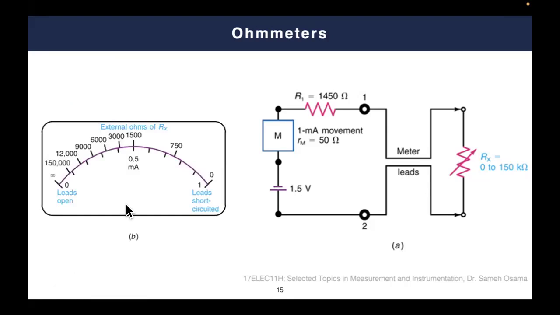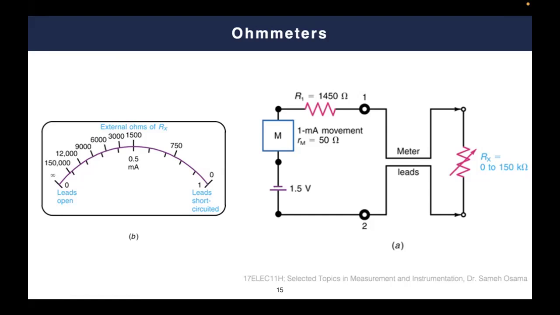And again, you can have the deflection here, but as you see, my dear students, and this is a very tricky point, by the way, the scale here is not linear, because simply you are dealing with an inverse process. So you are measuring current, and R is proportional to 1 over I. In the equation, R equals V over I. V is constant, R is the output value, and I is the value to be measured.